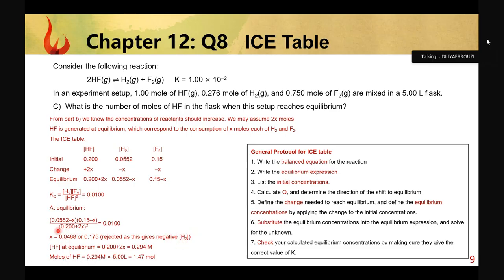So we use the other number. Then we calculate the concentration at equilibrium: 0.2 plus 2x equals 0.294. Then the moles of hydrogen fluoride, which is the question, is this multiplied by the volume, which is 1.47 mole.